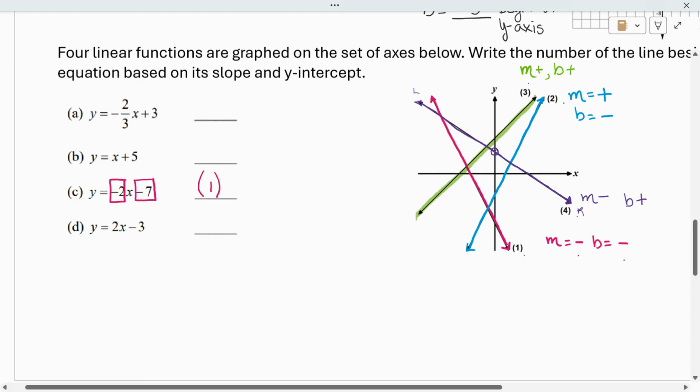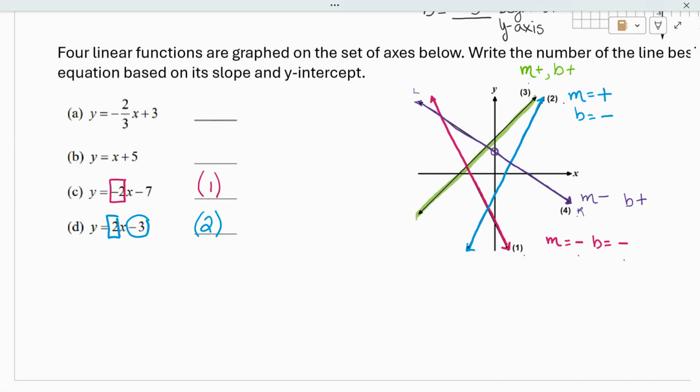What about graph number 2? I'm looking for an equation that has positive slope and a negative y-intercept. What letter choice is that, Lissandro? D. Good job. Positive slope, negative y-intercept. Graph number 2. I'm going to put a circle on those.